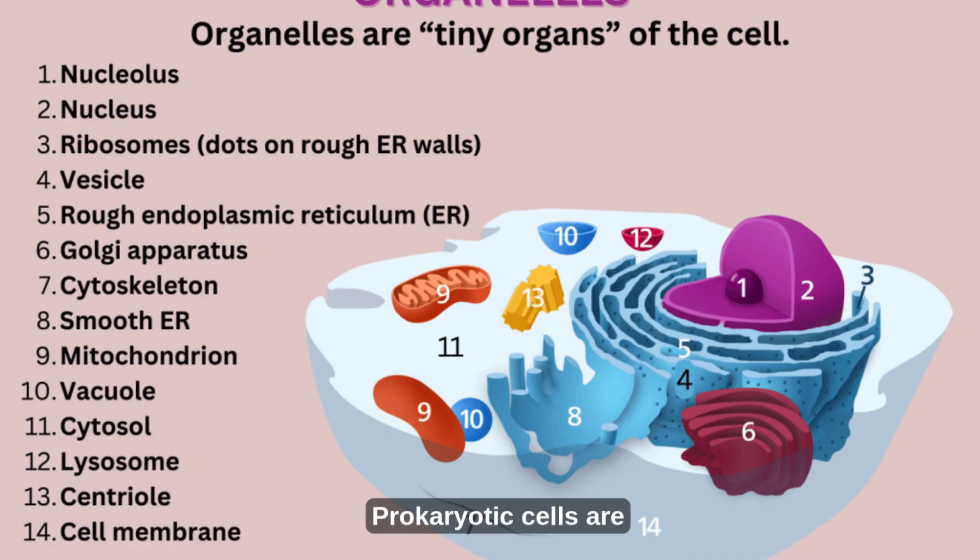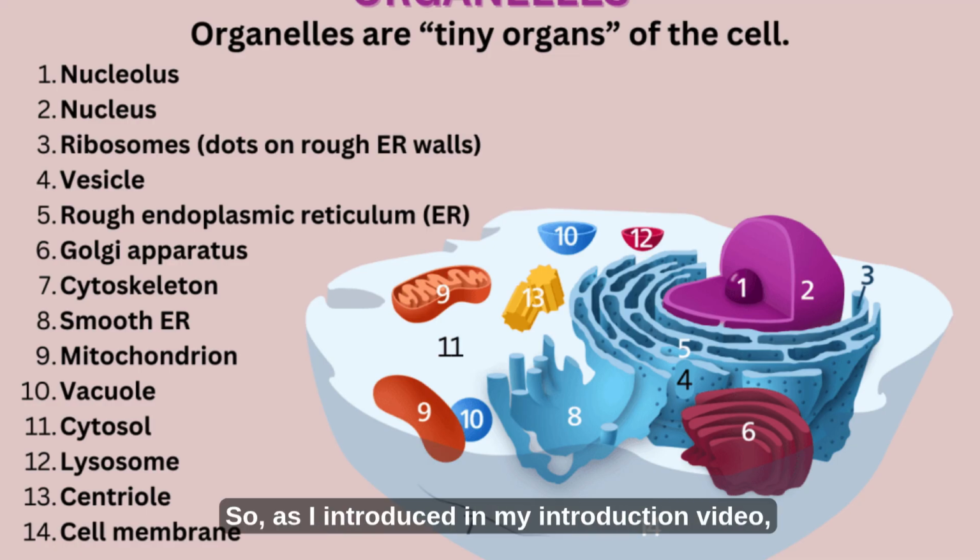Prokaryotic cells are cells of bacteria, and their DNA is kind of spread out in these cells, which is pretty interesting. So, as I introduced in my introduction video, we are not really going to explore other types of cells, but mostly human cells.